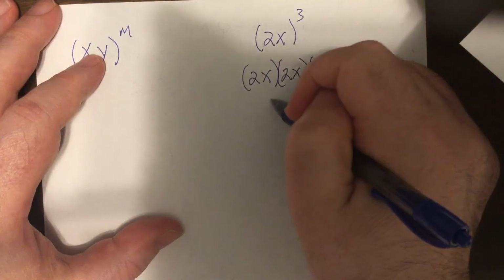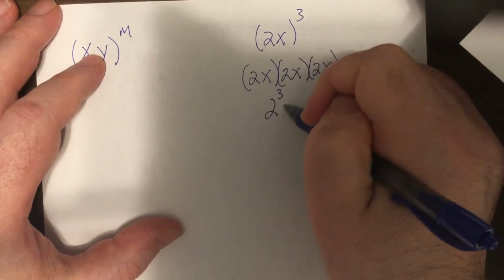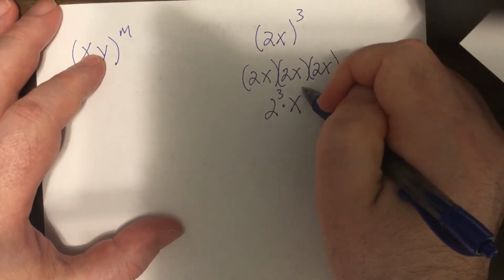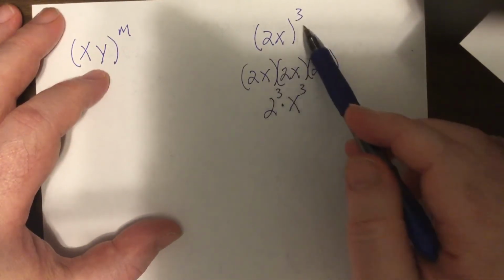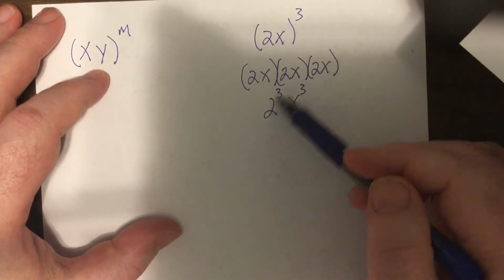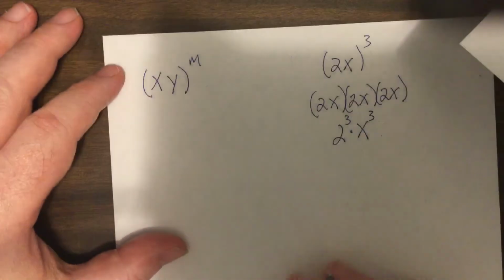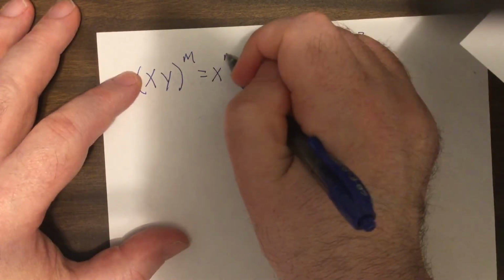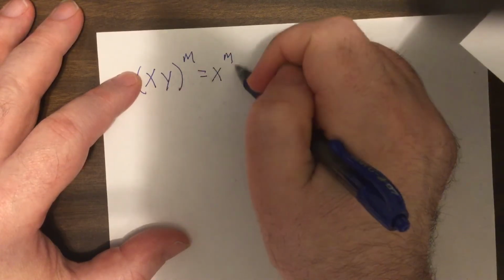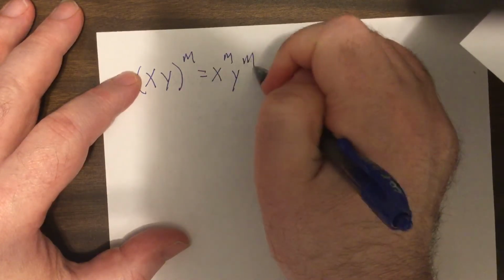So you'd have 3 2's multiplied together and 3 x's. So do you see you just raised all 3, or you raised it to the 3rd power? And that's what it says to do. Raise both or every term of the product to that power.